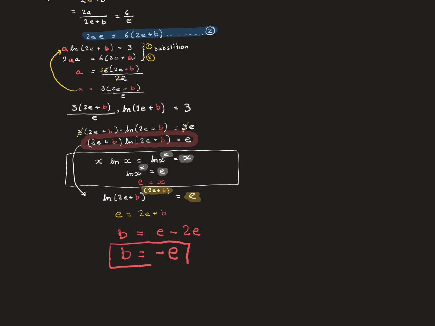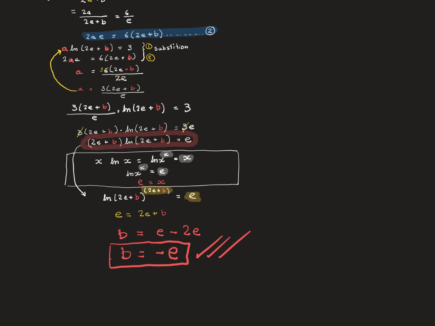Remember, that's what we wanted to do. We want to find a constant b. We've got one of the constants. Now, things are going to be so much easier. Once we have a b, we just need to substitute that b into one of the equations and find a.